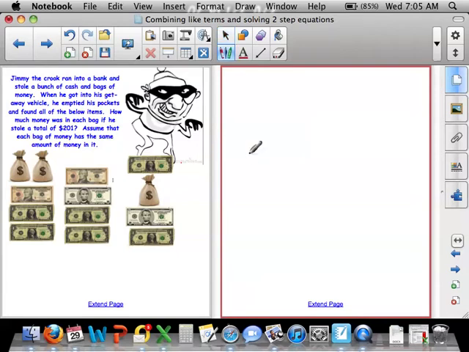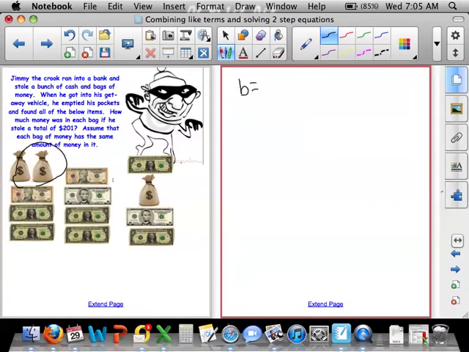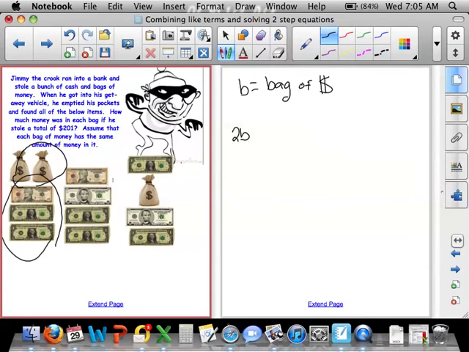Okay, so first let's define our variable. So B is going to be equal to a bag of money. Here we had 2B. And right here it looks like we had $12.